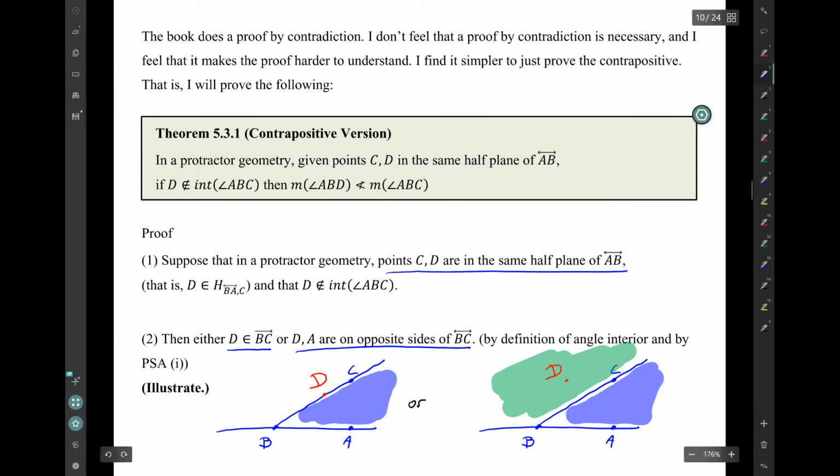Well, by PSA 1, D has to either be on that line or in that other half plane. So that's how we're able to articulate this OR statement. Now remember, when an OR statement shows up in a proof, you are set up to do a proof by cases. So those are the cases. This is one of the cases, and that's the other case.